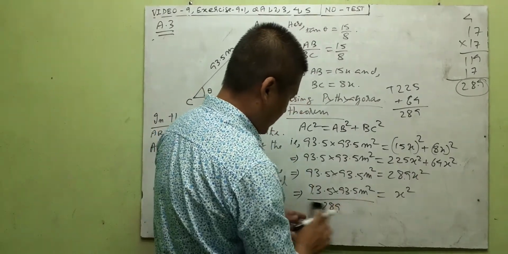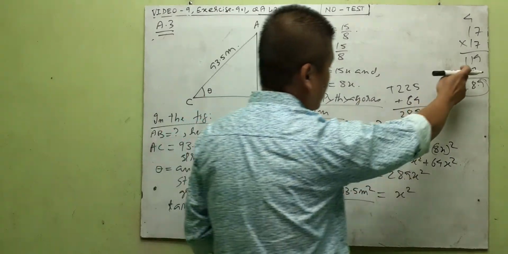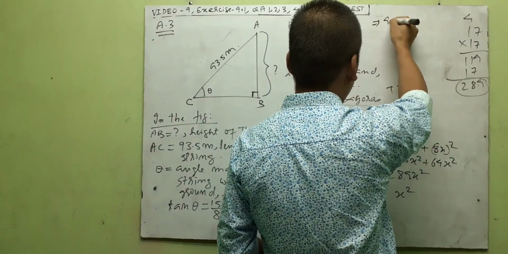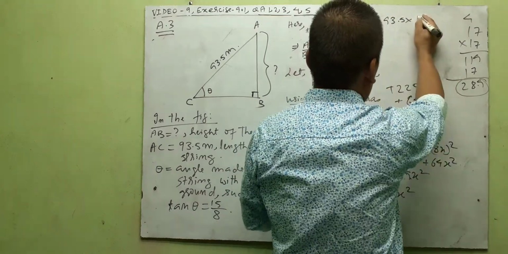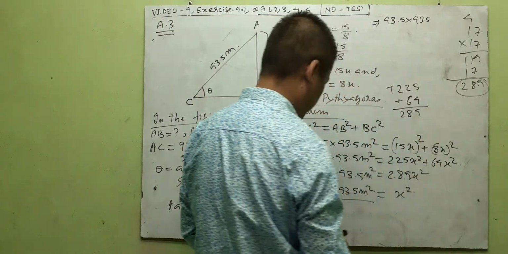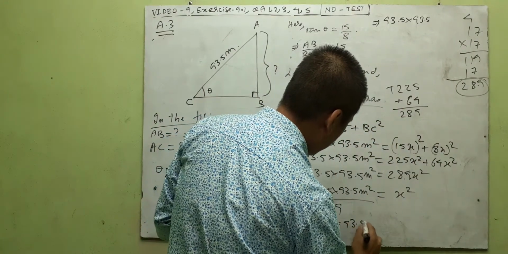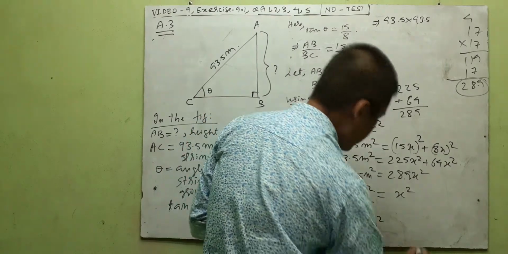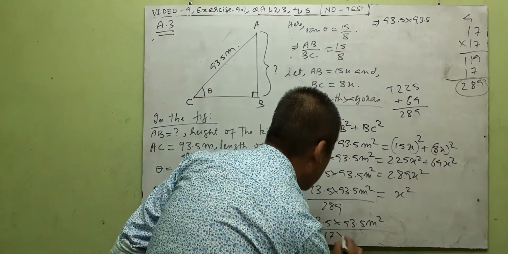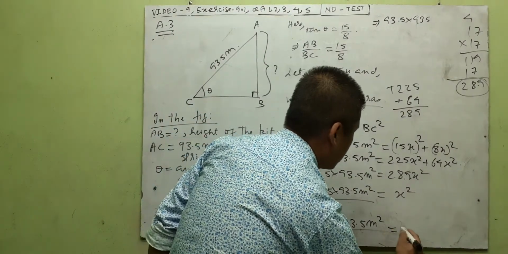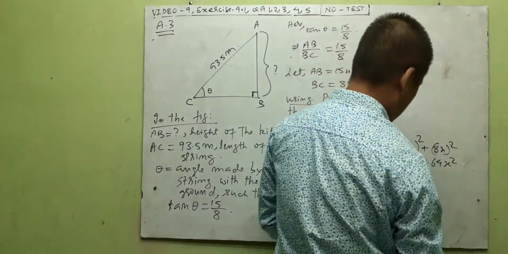So 289 will come down. This is 17 into 17, so we can write 93.5 into 93.5 meters square divided by 17 into 17 equal to x square. And if you like to continue, then you can just continue here.